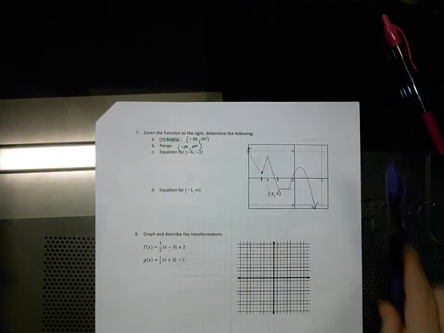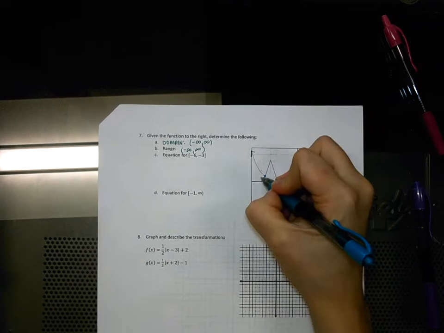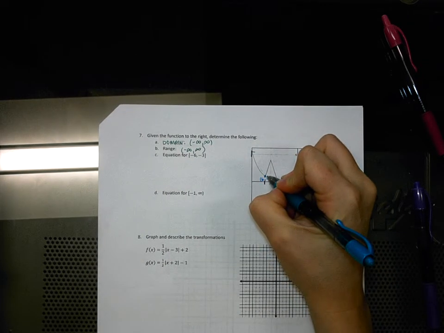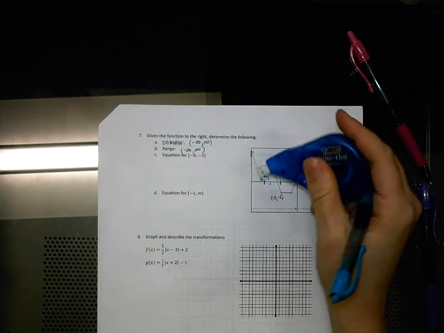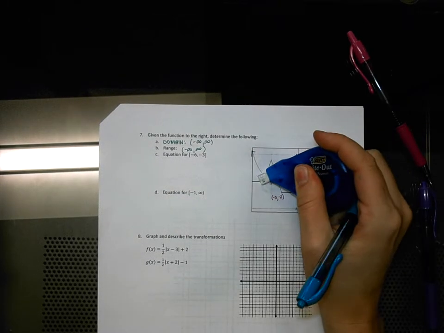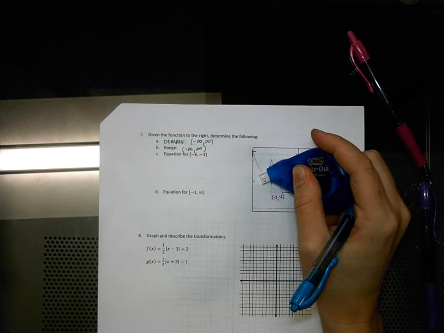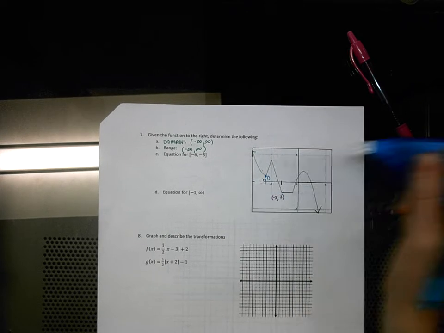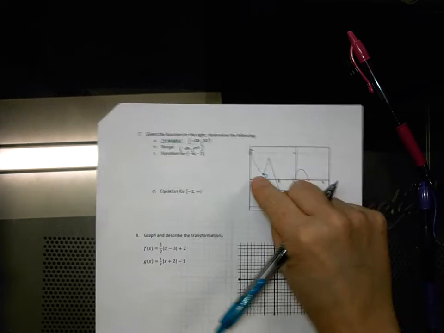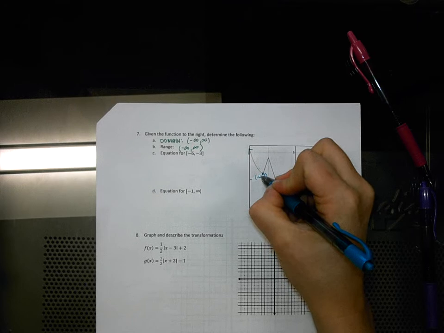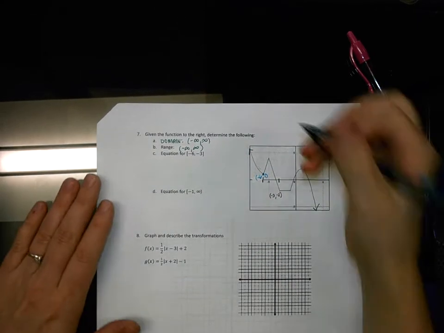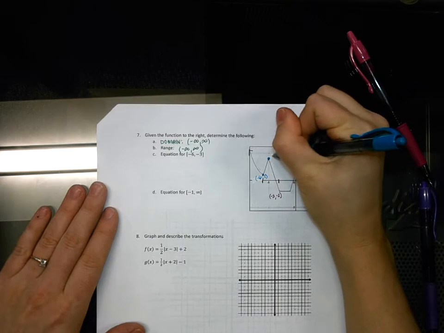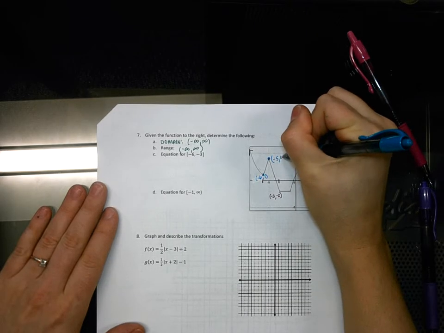This one up here is negative 6, 1. So left 6 up 1. The vertex is at negative 5, positive 4.